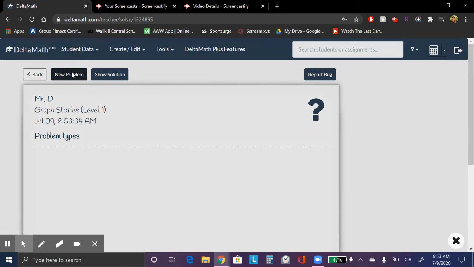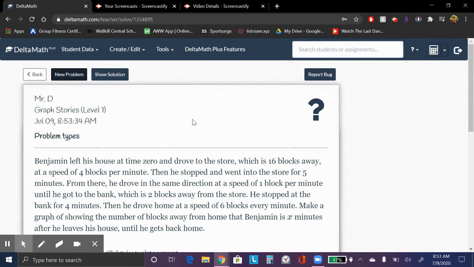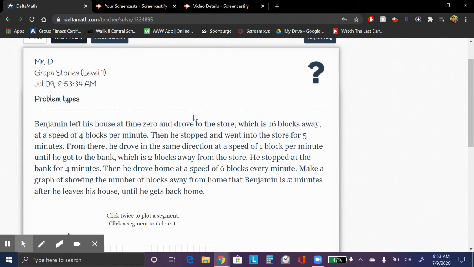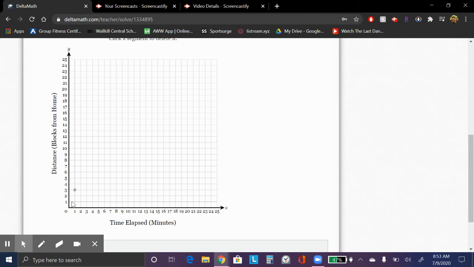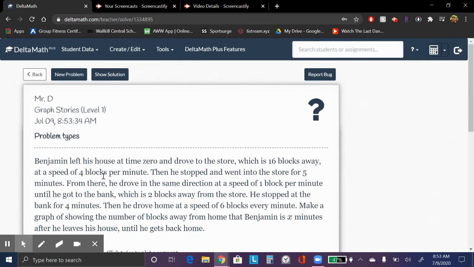All right, so it looks like snow or distance problems that we're doing. It says Benjamin left his house at time 0 and drove to the store, which is 16 blocks away, at a speed of 4 blocks per minute. So start at the bottom here. 16 blocks away, 4 blocks per minute.